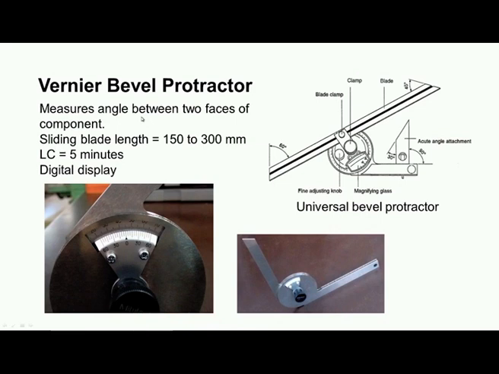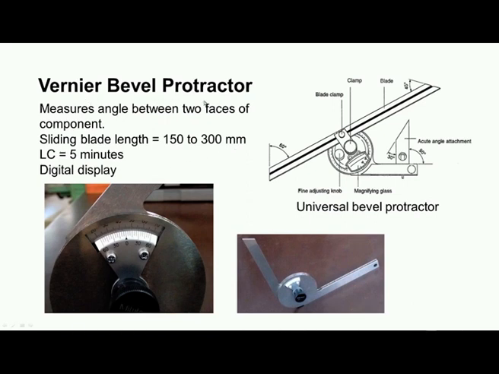It measures the angle between two faces of a component. There will be one blade which is fixed to the body. You can see here, this is the body to which the circular scale is fixed, as well as the vernier. There is another blade which is slidable, which moves. The sliding blade length varies from 150 to 300 millimeter.